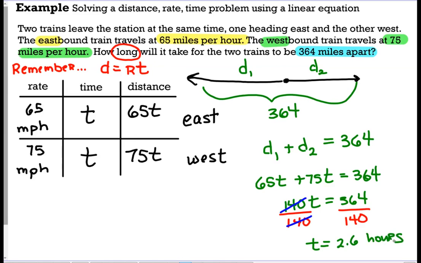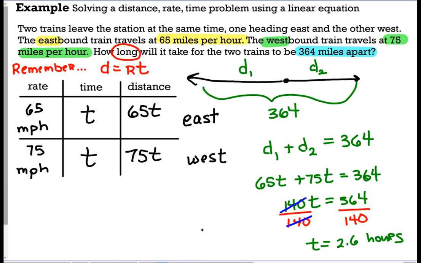Okay, so the question says, how long will it take for the trains to be 364 miles apart? That's 2.6 hours. Okay, so in other words, that would be 2 hours and then 60% of another hour.